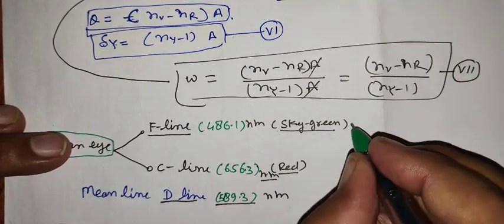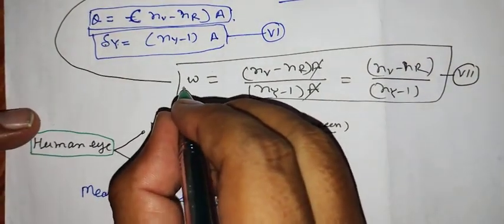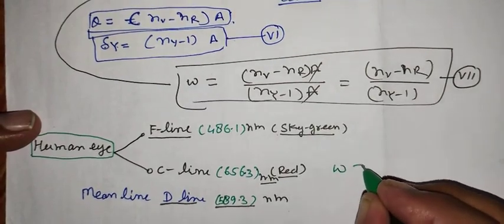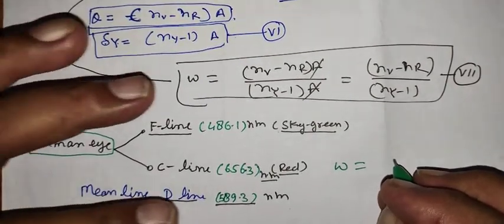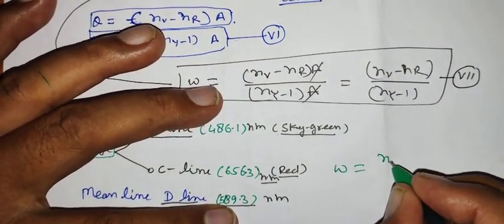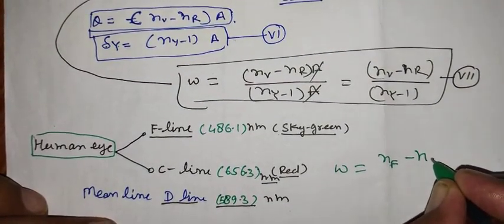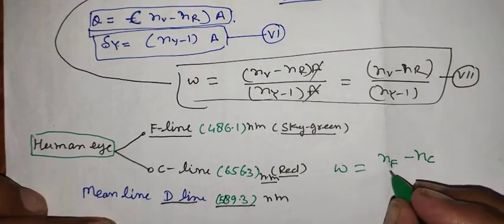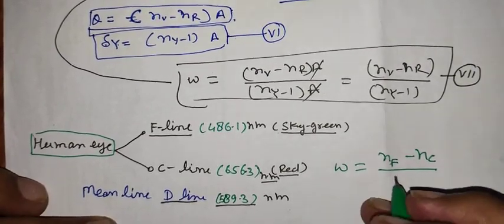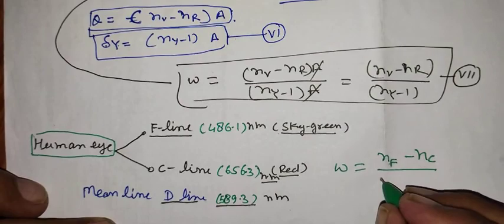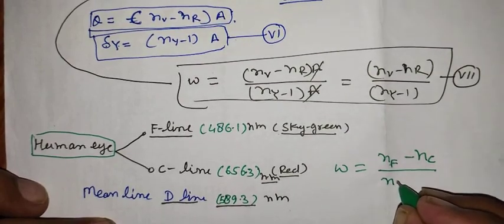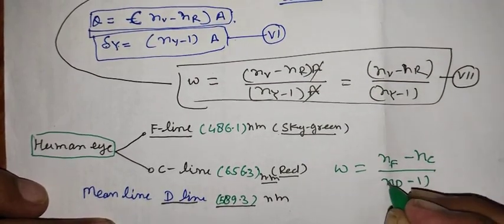In that condition, the dispersive power omega is written by the formula: refractive index for F line minus refractive index for C line in the hydrogen spectrum, by refractive index of D line, the mean line, minus 1.